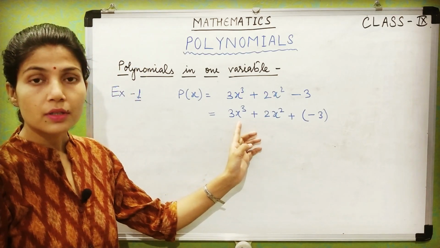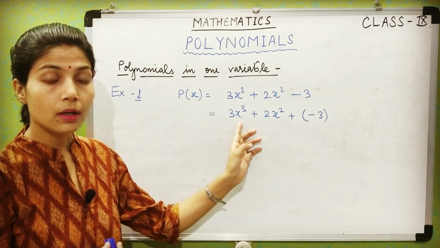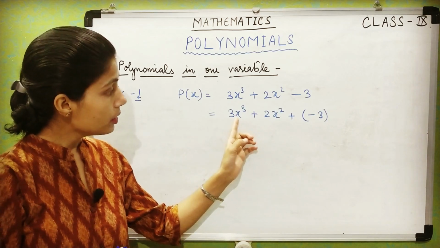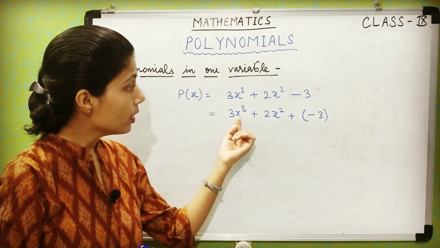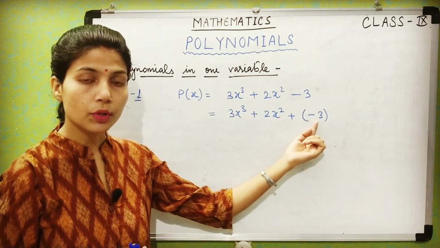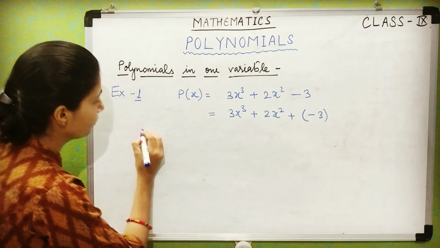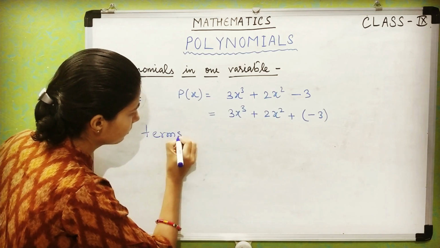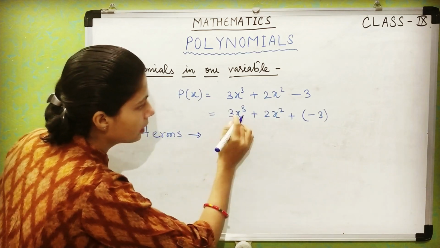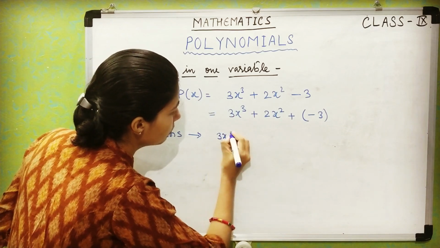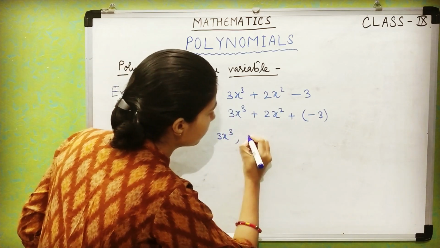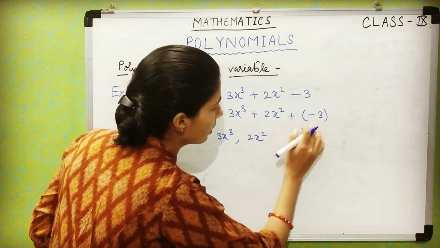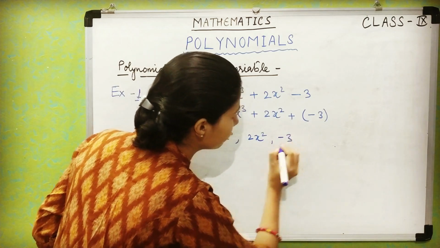If the question asks how many terms there are, there are 3 terms: 1, 2, 3. The terms are: first is 3x cube, second is 2x square, third is minus 3.